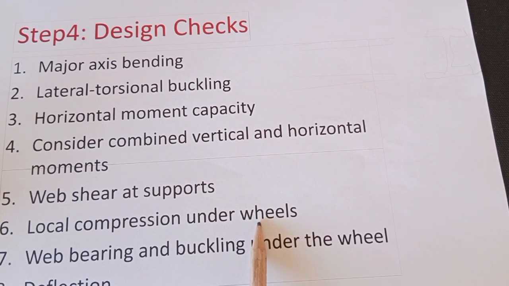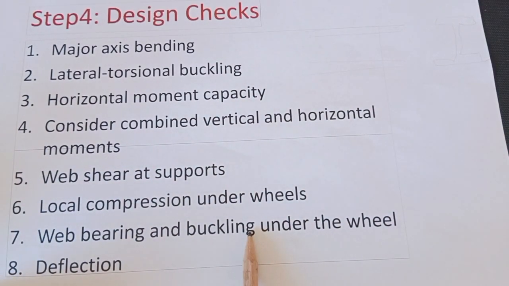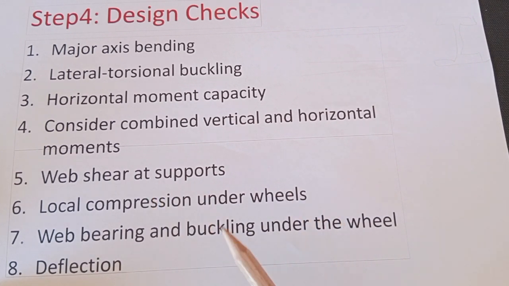We will have web shear at supports, that is very critical for web check. And also we have local compression under wheels for web, and also web bearing and buckling under the wheel deflection. So for the girder, we have 3 checks for web, that is shear, local compression, and web bearing.